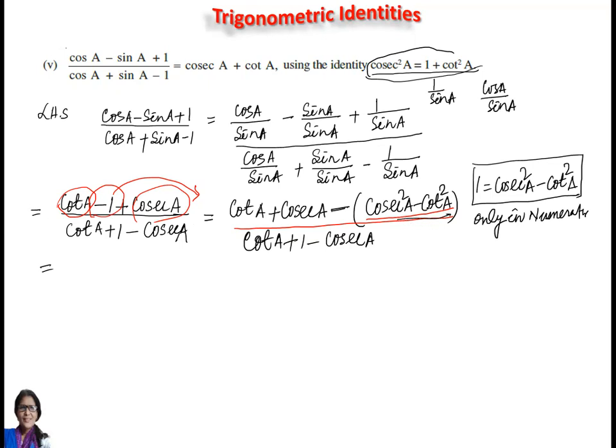So cosec A plus cot A into cosec A minus cot A. So I'll write cot A plus cosec A. Within bracket, I'll change it to factors. So this will be cosec A plus cot A into cosec A minus cot A.